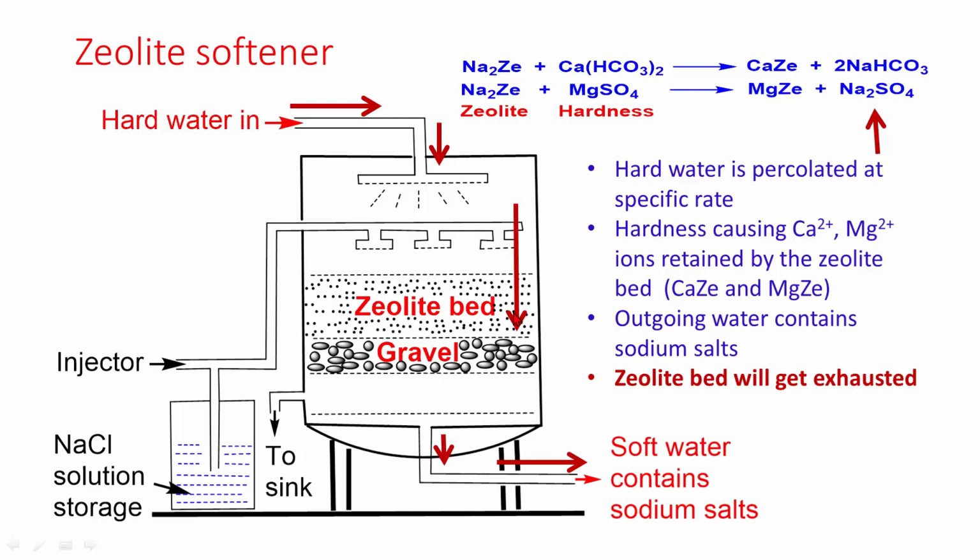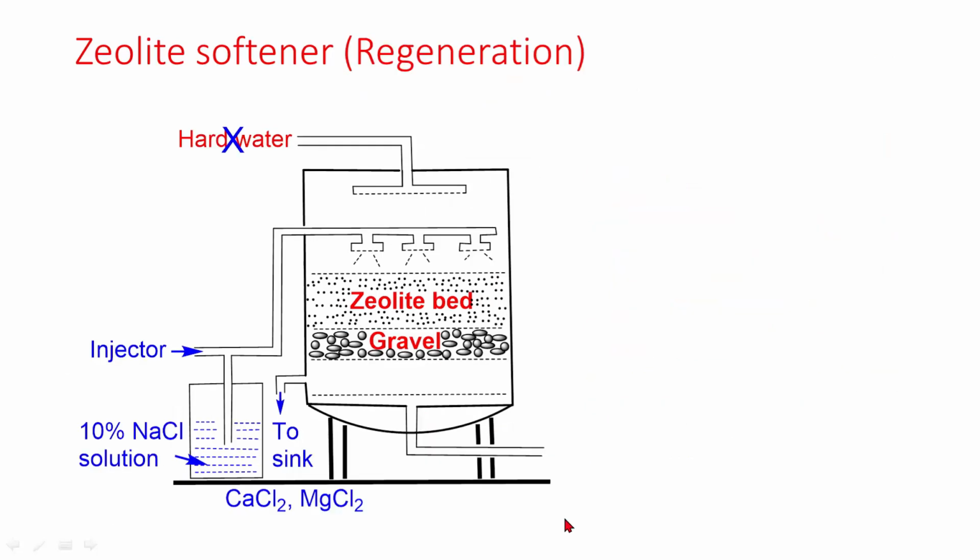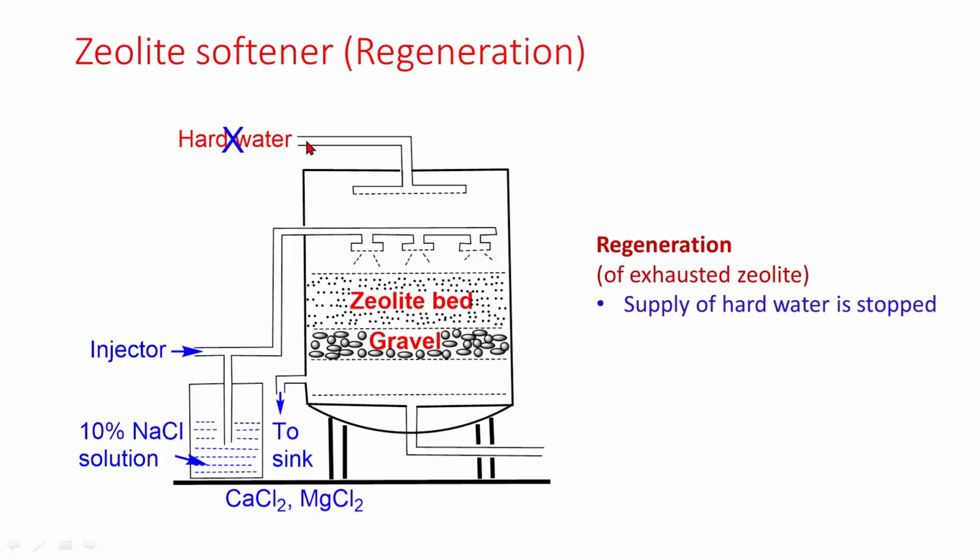Zeolite bed has a specific capacity for exchange of ions. So when zeolite bed is exhausted, it requires regeneration. During regeneration, supply of hard water is stopped. Zeolite bed is reclaimed with brine solution.